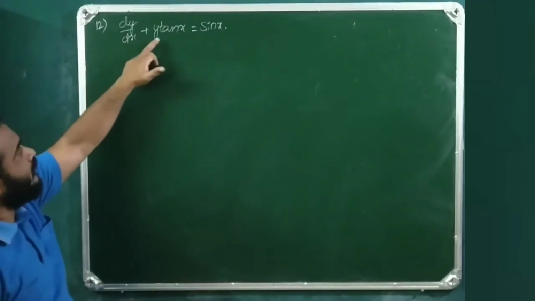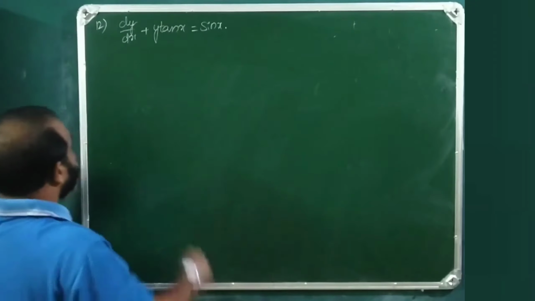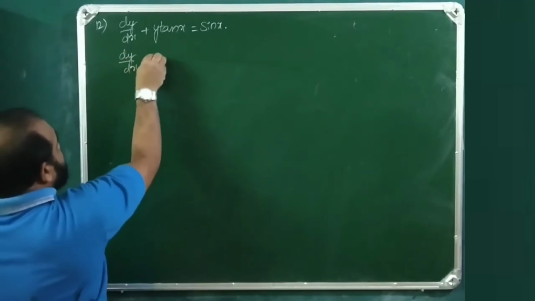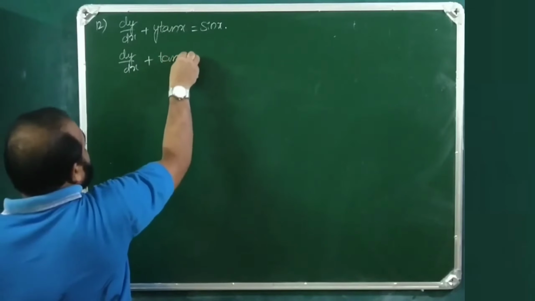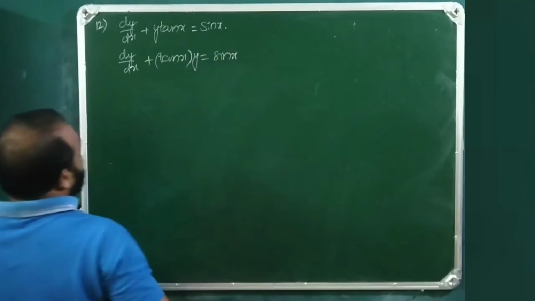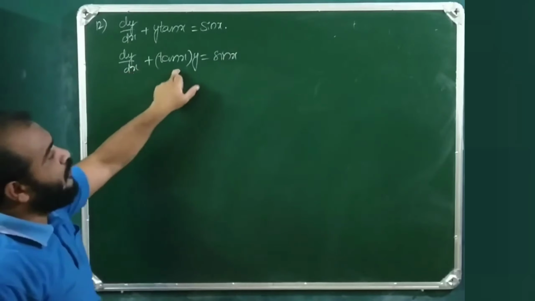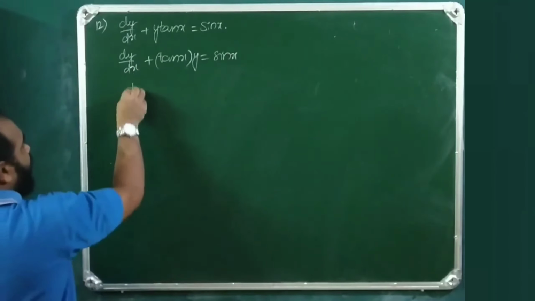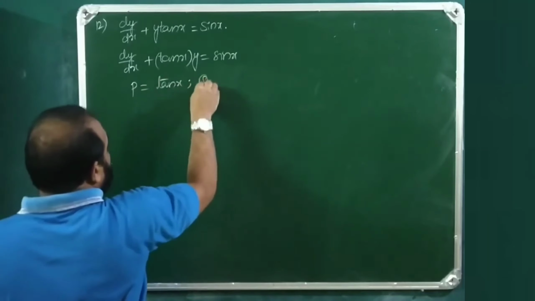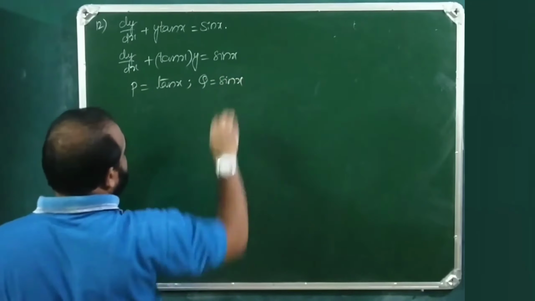dy by dx plus y tan x equals sin x. So this is of the form dy by dx plus tan x into y equals sin x. This is the form dy by dx plus py equals q, where p is equal to tan x and q is equal to sin x.